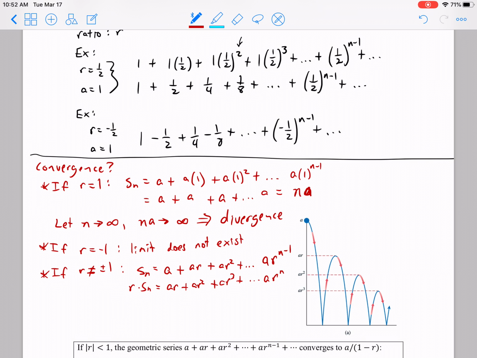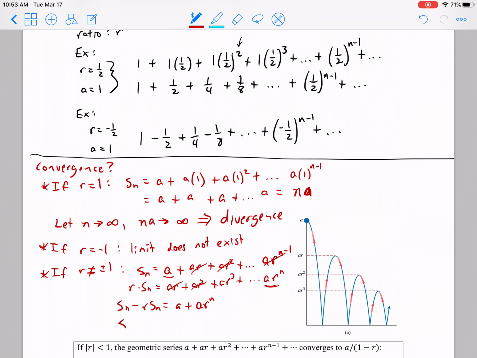And if we do Sn minus r times Sn, you'll notice everything's going to cancel out. We're going to have an ar and an ar squared, ar cubed is going to cancel. And we even had an ar to the n minus 1 right before that ar to the n term. So it's all going to cancel except the ar to the n term and the a term. So what we're left with then is a minus ar to the n.